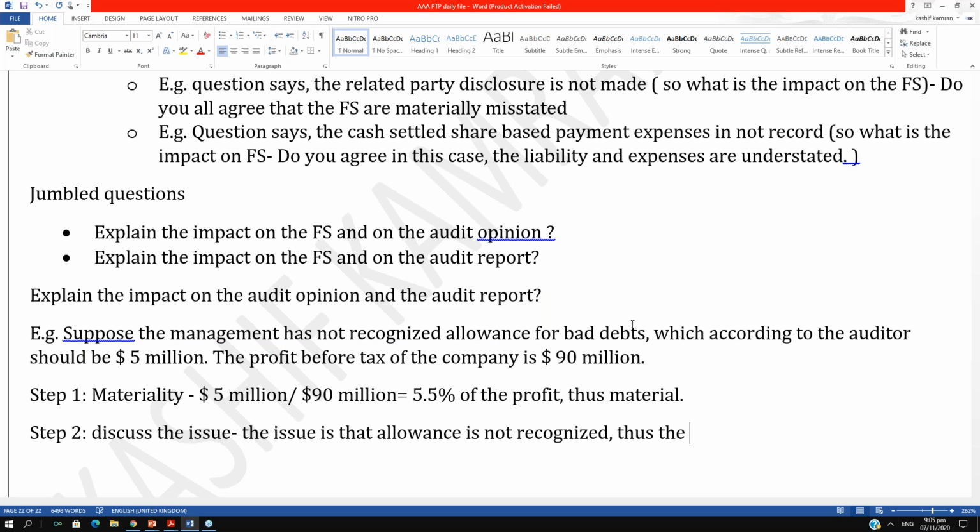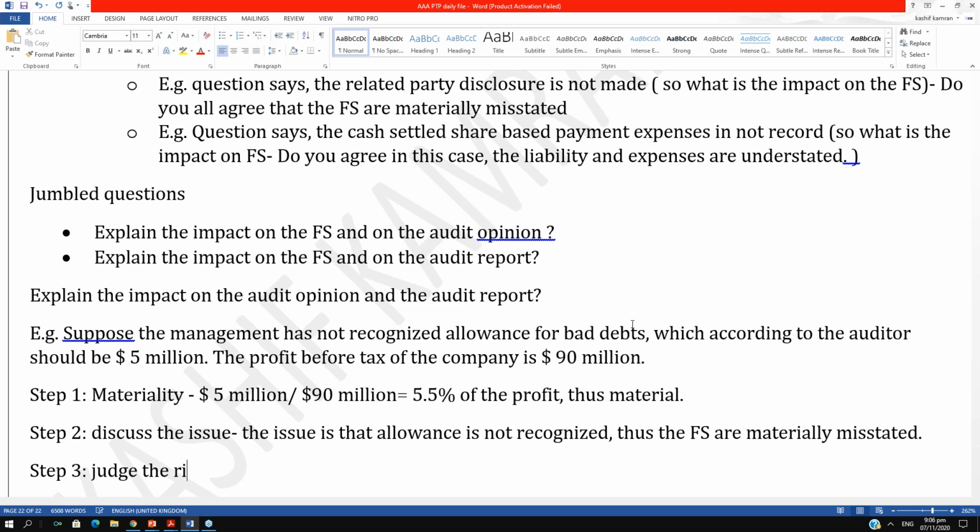Thus, the financial statements are materially misstated. Do you agree with that? Is that the issue, that the allowance is not recognized and thus the financial statements are materially misstated? Have we calculated materiality in step number 1? So that is the issue.